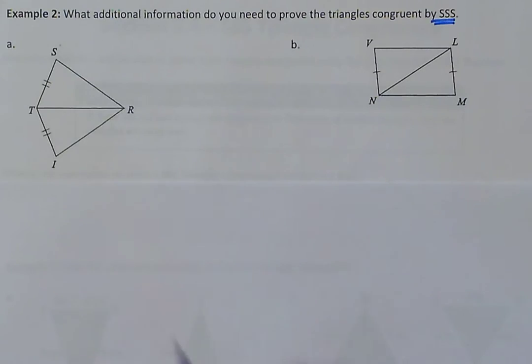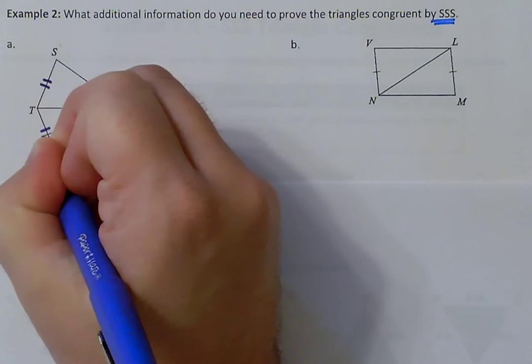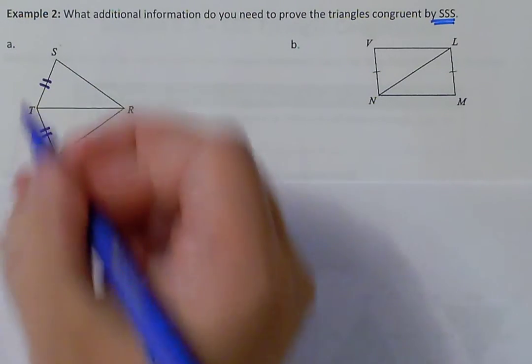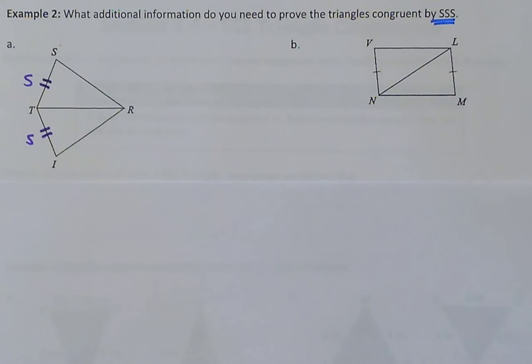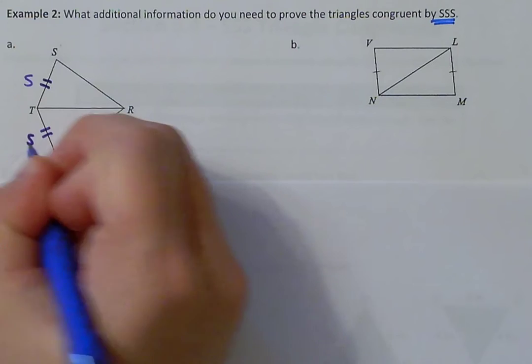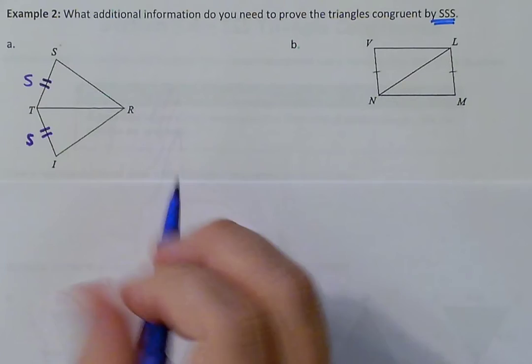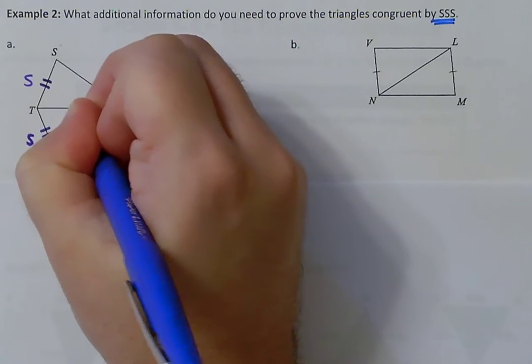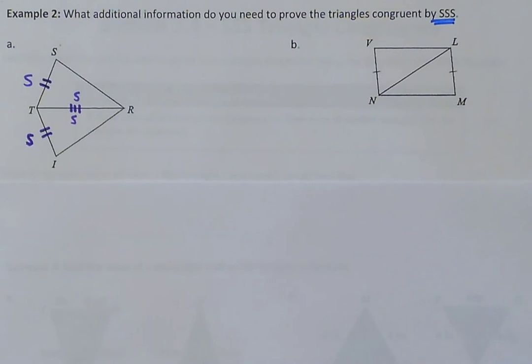So if we look at part A, they tell me that ST is congruent to TI based off my two congruent marks. So I already have one side because they told me. And then I also know that TR is congruent to itself based off the reflexive property. So I have two side lengths that I know, one based off them telling me, and two based off using the reflexive property.